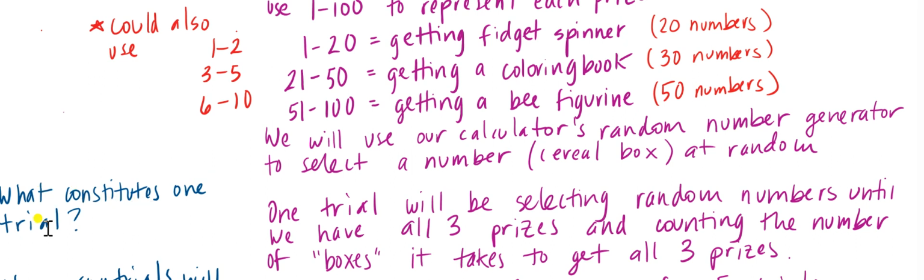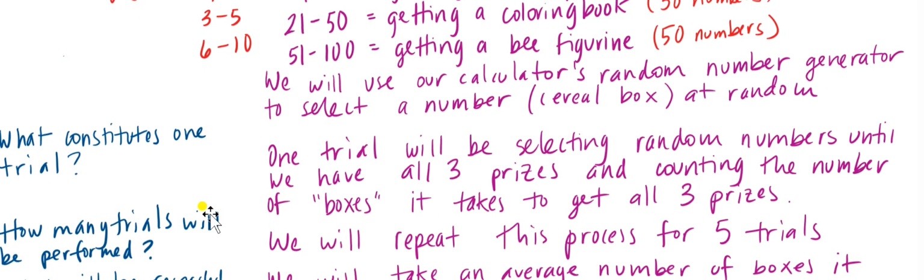So in this case, what constitutes one trial? One trial will be selecting random numbers until we have all 3 prizes and counting the number of, quote, boxes it takes to get all 3 prizes. So I'm going to keep pressing the random number generator until I get all 3 prizes, so until I get numbers in each of these ranges. That's going to count as one trial.